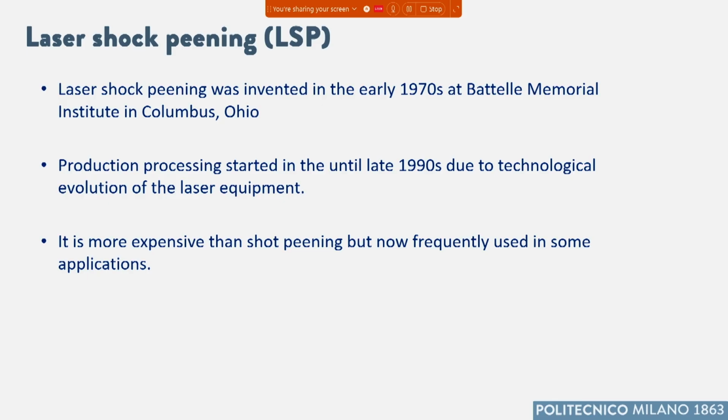The production processing, and so the commercial application of laser shot peening, came some years later, at the end of the last century. At that time, the evolution of laser technology and laser plant equipment was enough to permit the creation of companies dedicated to this plant.